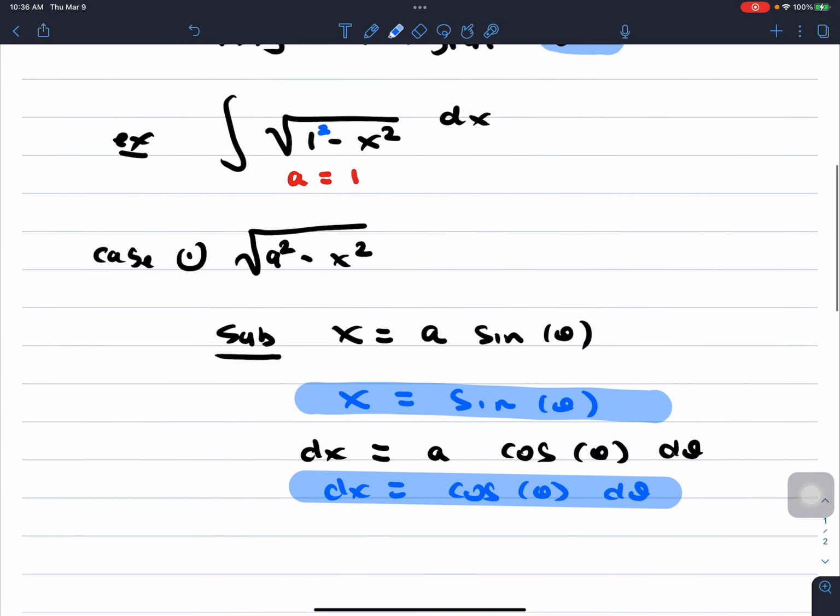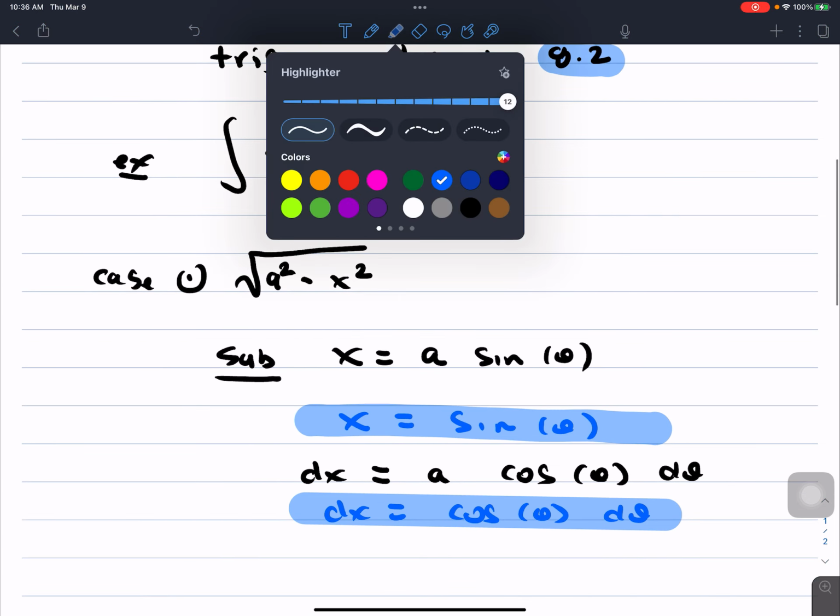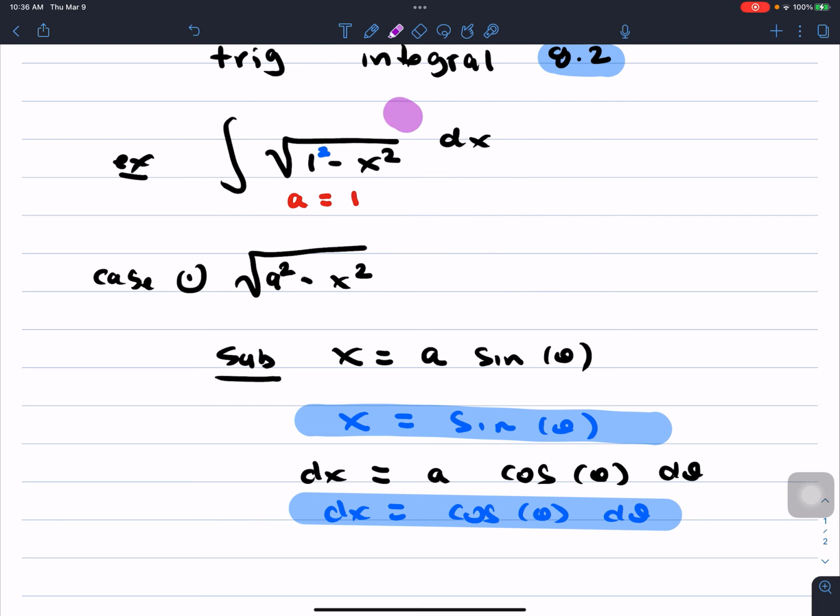Now, what really always happens here is what becomes, ladies and gentlemen, of the radical here. So focus on this. Because you're converting this radical to really a trig function. Okay? Now you say, what do you mean?